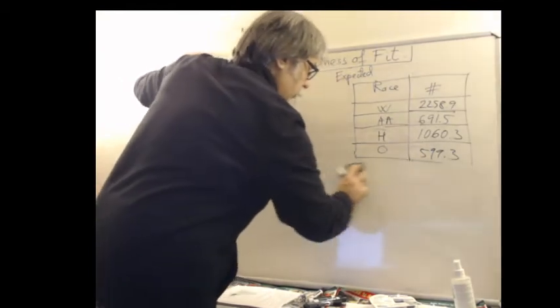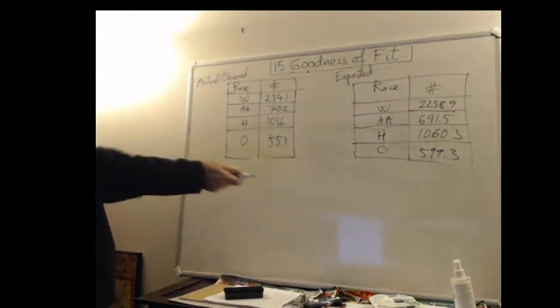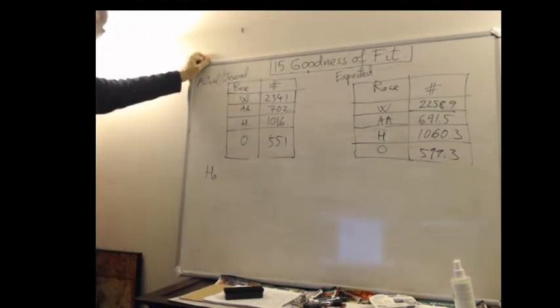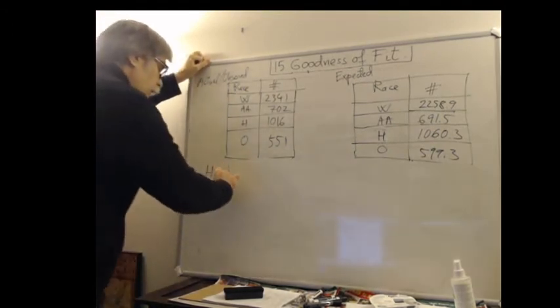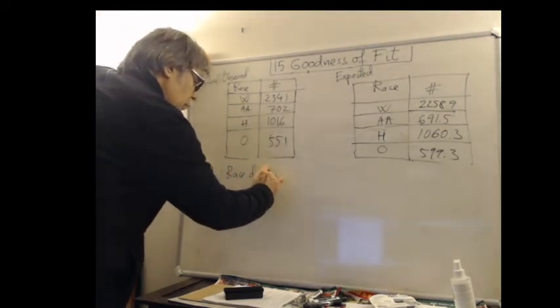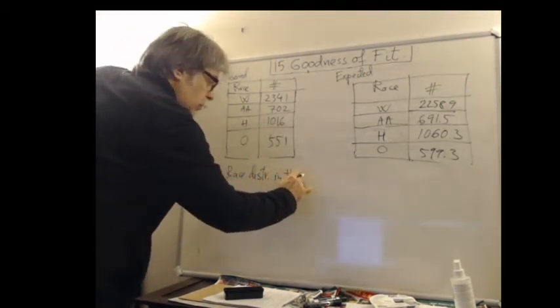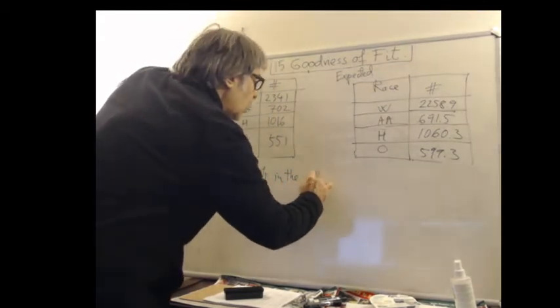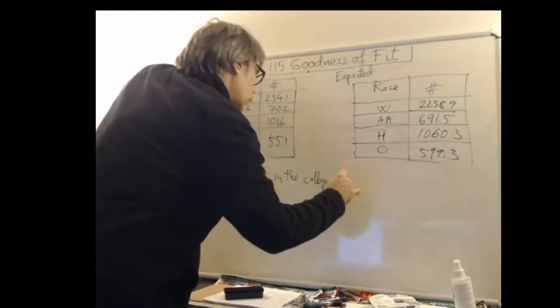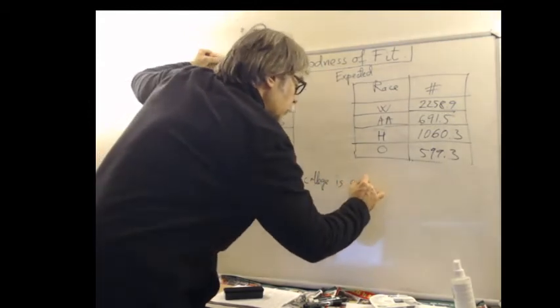I'm going to need H0: race distribution in the college is as in the community.